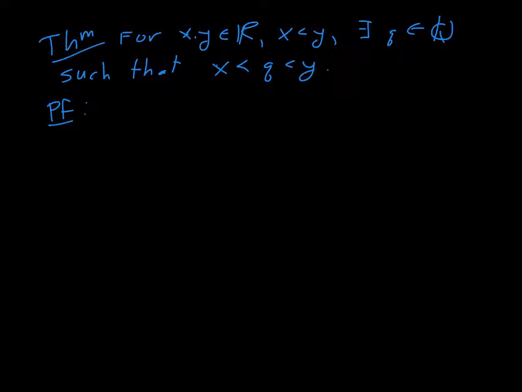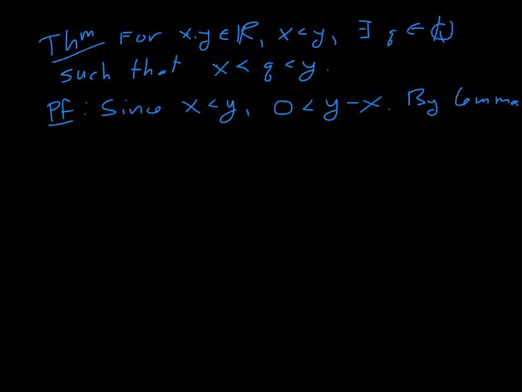So proof: since x is less than y, 0 is less than y minus x. By the lemma, 1 over y minus x is not the least upper bound of the natural numbers.